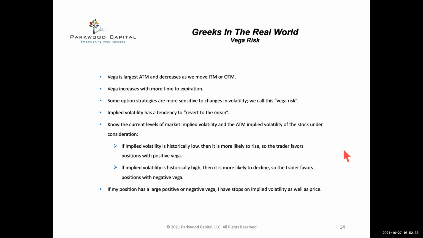Now, as time goes on, if volatility increases by, let's say, 1 point, well, if the volatility increases on the option I've sold, I'm losing money there because it's got more expensive, and I sold it at a lower value. So I would have to pay more to buy it back and close it. But the long option farther out in time most likely has increased in value with that same change in volatility.